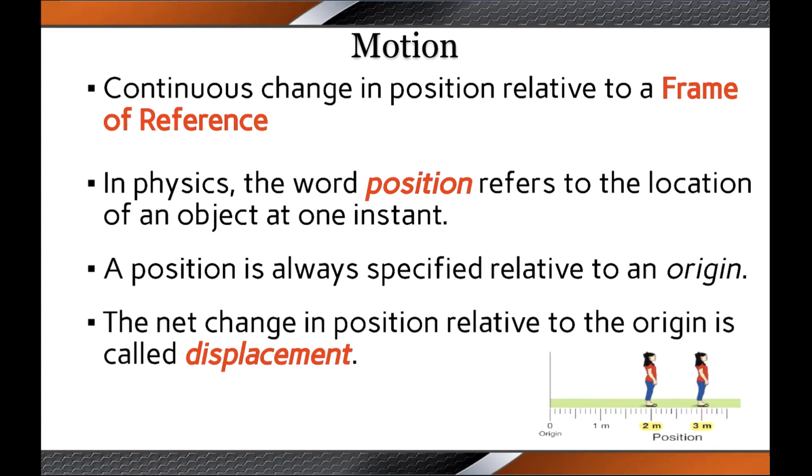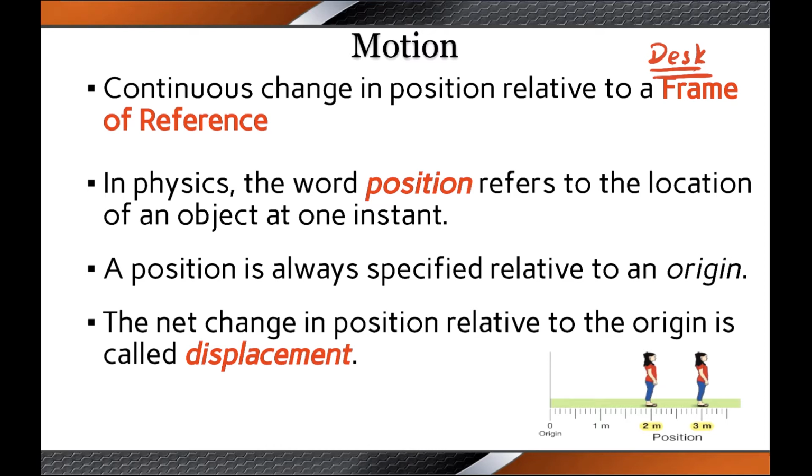So if we use the desks in our room as a frame of reference, and if we compare the position of a person at different times, if that person changes position relative to the desks, then we know without any doubt that that person was in motion, and we can calculate what that person's speed would be while they were moving.